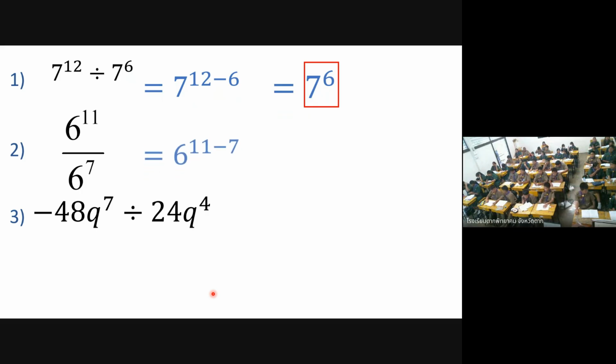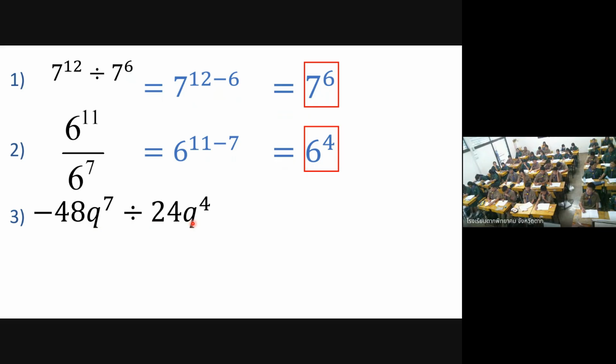That's 6 to the power of 11 minus 7, which is equal to 6 to the power of 4. Next, negative 48q to the power of 7 divided by 24q to the power of 4. What is negative 48 divided by 24? Negative 2. And q to the power of 7 divided by q to the power of 4 is equal to negative 2q to the power of 3.